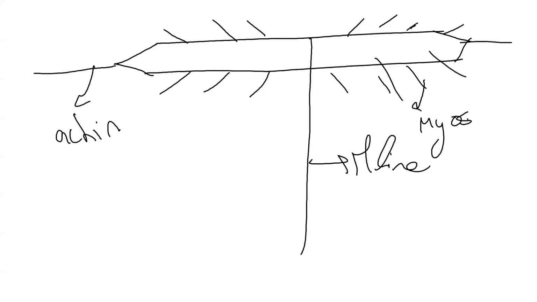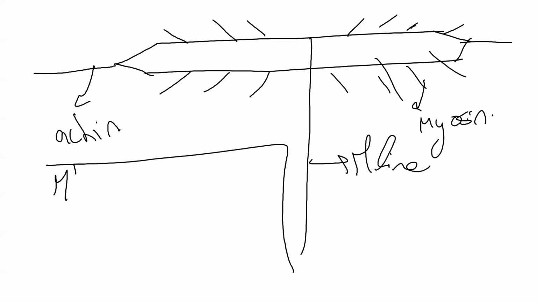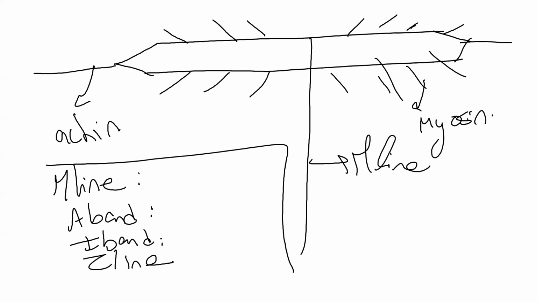Now, what you should memorize about all of this is what happens when we contract this sarcomere, this skeletal muscle. We spoke about the M line, the A band, the I band, the Z line, the H band.